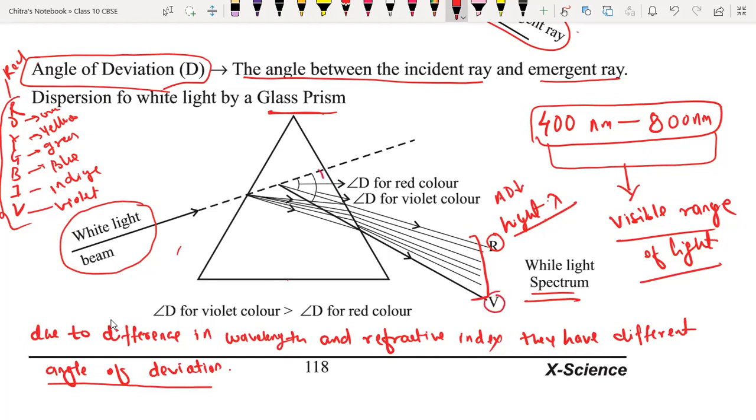If we measure from here to here, the violet color has the highest angle of deviation but the lowest wavelength among all the 7 colors. Many MCQs arise from here. We will discuss that one by one.